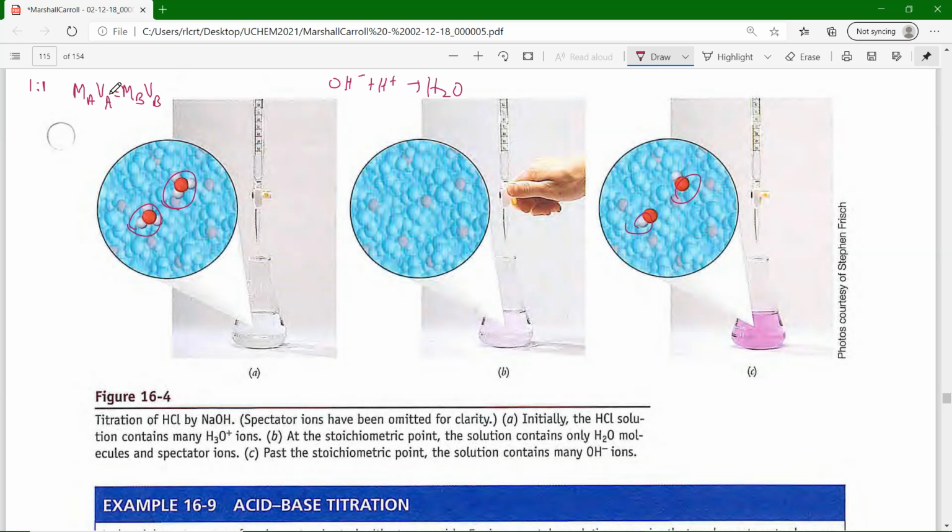So MA times VA, molarity of acid times volume of the acid, the moles of acid originally present, equals the moles of base added. This is what's happening at the equivalence point. Some of these questions don't ask you to do that, but I always think you should, because it gives you some guidelines and a clearer picture of what's happening in these processes.